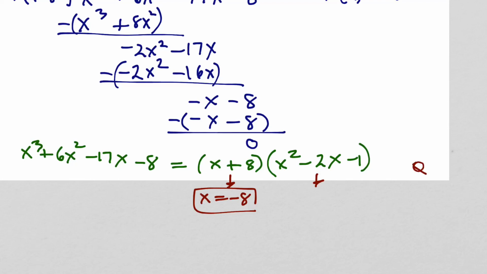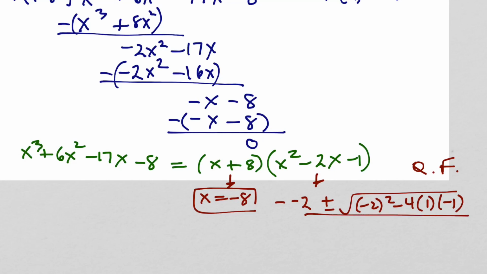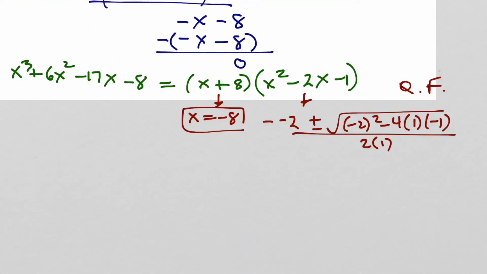All right, so I'm going to say negative b plus or minus the square root of b squared minus 4 times a times c, all over 2a. So Carrie, let's move over here. We've got 2 plus or minus the square root of 4 plus 4, over 2.